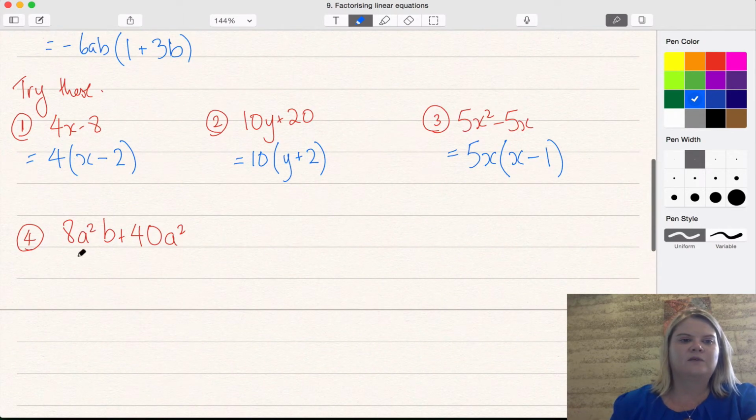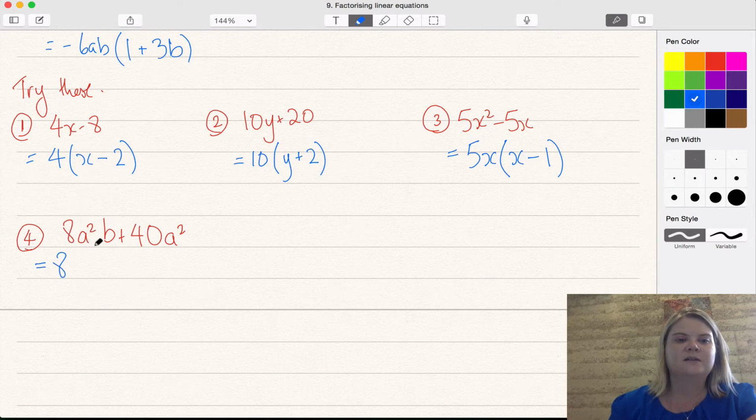Last example, hopefully I'll squish it on the page. We'll have a number and a pronumeral part to this one. So we have an 8, and 8 goes into 40, so we can take 8 out. There's an a term here and an a term here. This one's squared, so we can take out a squared.